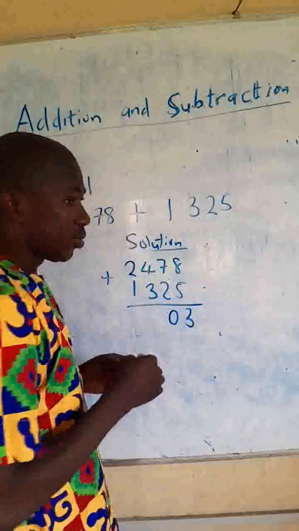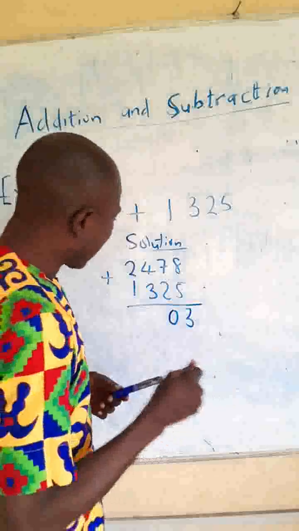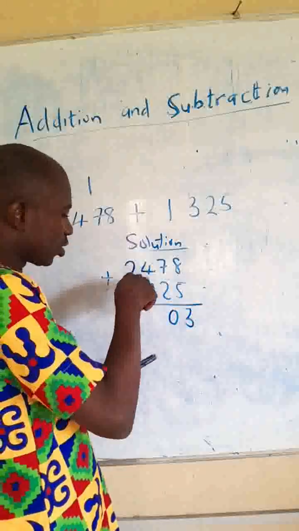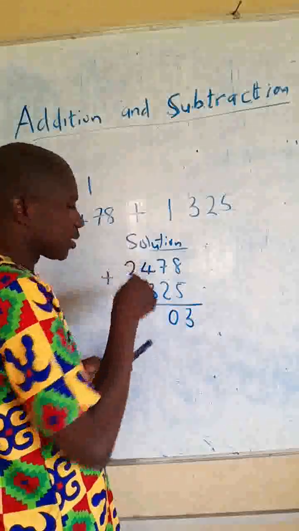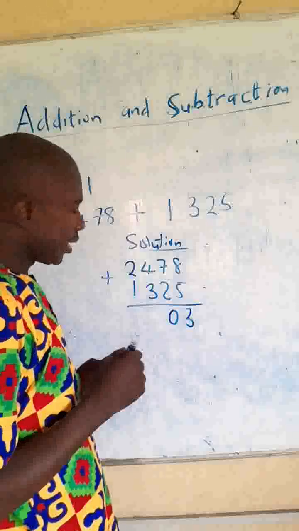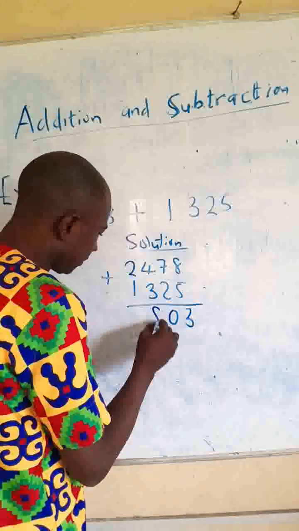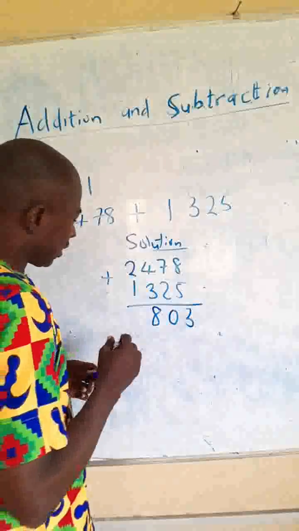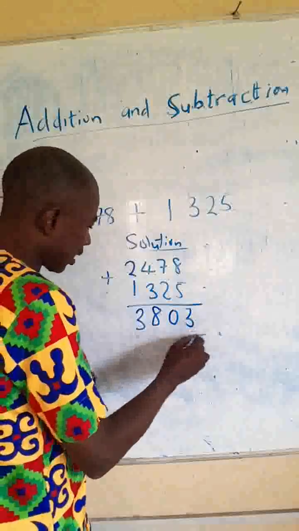Write down the 0, and we carry the 1 to the next number. 1 plus 4 is 5, plus 3 is 8. The last one is 2 plus 1, which is 3.